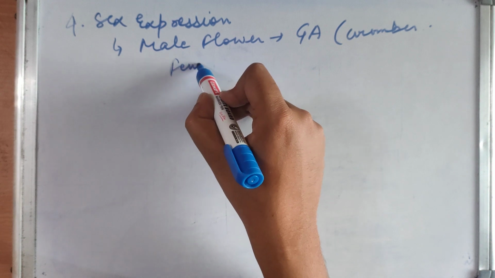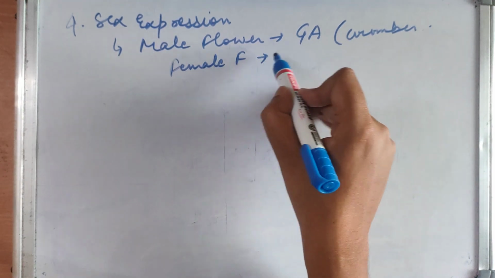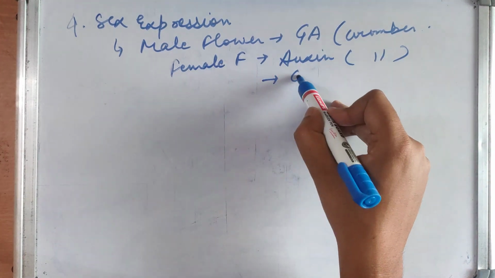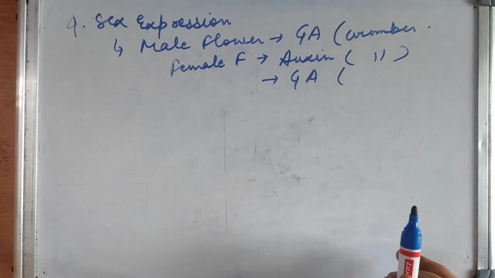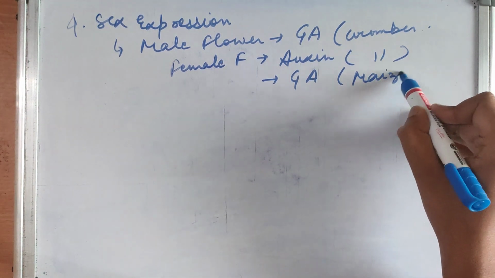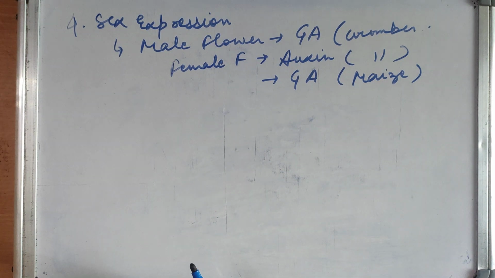Female flower is produced by auxin, and this can also be seen in cucumber. And some female flowers are also produced by GA in maize. So they help in sex expression.